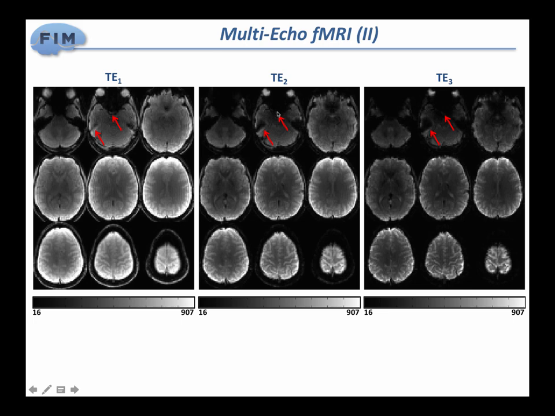So we start to see, and we'll look more into this, that by doing this, suddenly we have some other time series where we started to recover signal in places that we didn't have. The reason is that even though when you do an fMRI experiment you set your echo time to an optimal echo time, which is usually the T2 star of the tissue of interest, and at 3 Tesla we tend to go for around 30 milliseconds, the truth is that the T2 star varies a lot across the brain.